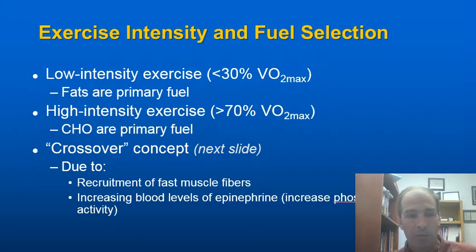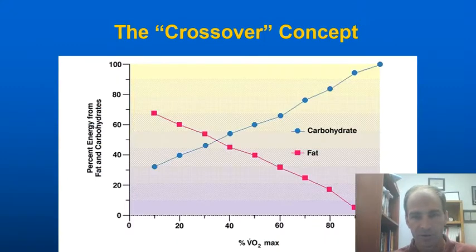So this RER, when we measure it indirectly, is really almost a summation of all the cellular respiration that's going on. And with this, we have this term, and your book uses this term quite a bit, called the crossover effect. This idea that as we change in intensity of exercise, we begin to cross over from using more fats to more carbohydrates. And if you remember back to forming ATP and the pros and cons of glycolysis, the pros and cons of the Krebs cycle, this kind of makes sense, right?